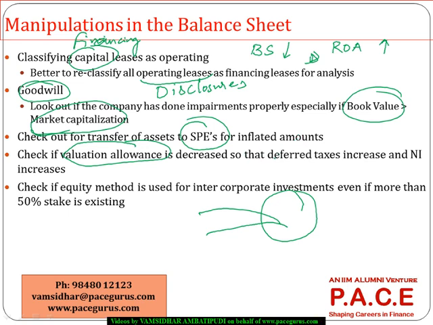And even with intercorporate investments, we have seen that if the investments are in the range of 20 to 50%, we use the equity method, and anything more than 50% uses the acquisition method.